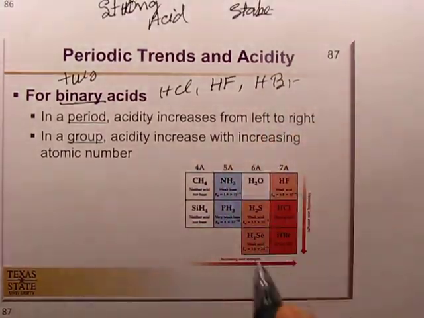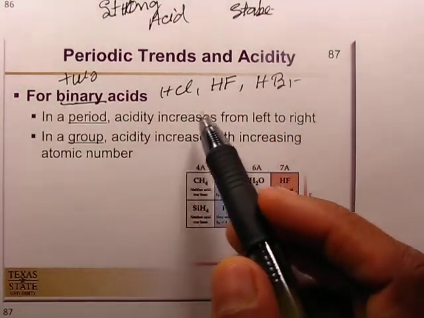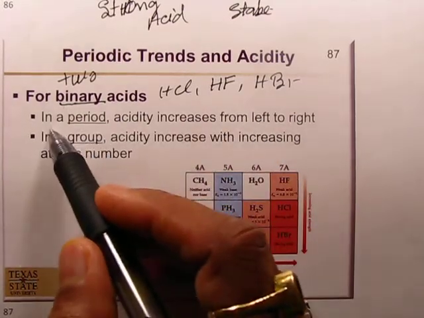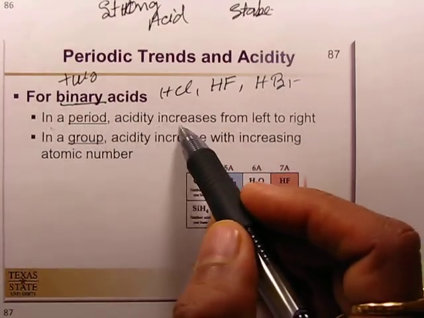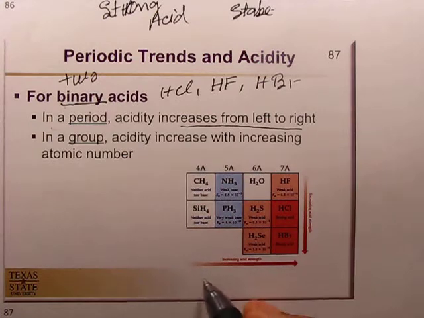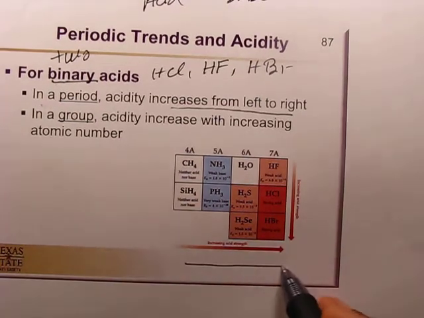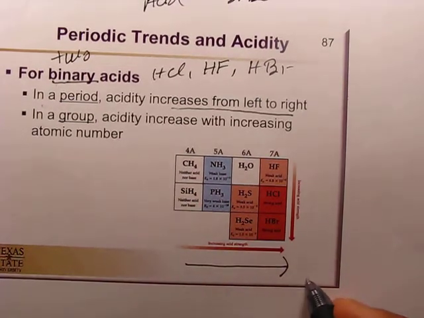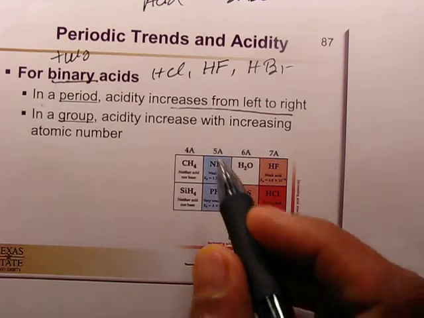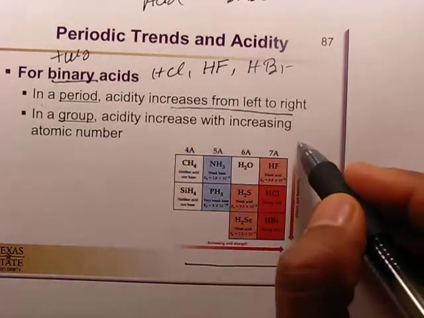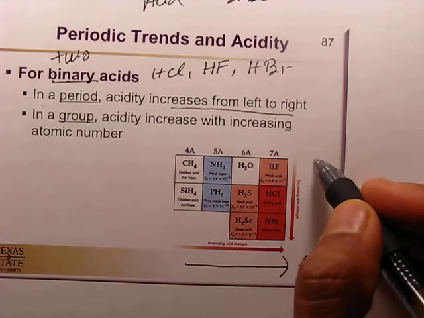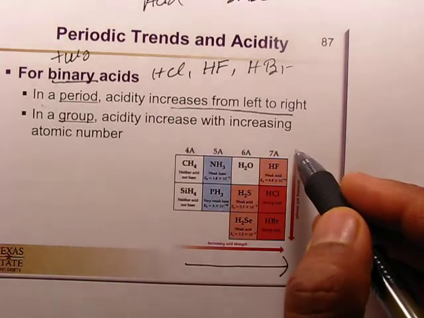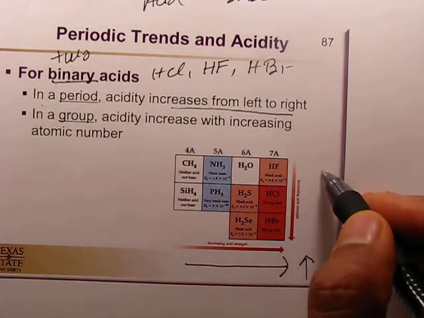These are all called binary acids, as only two atoms are involved. In a period, acidity increases from left to right. So for binary acids, if we go from left to right, acidity increases. And in a group, from top to bottom, acidity increases with increasing atomic number.